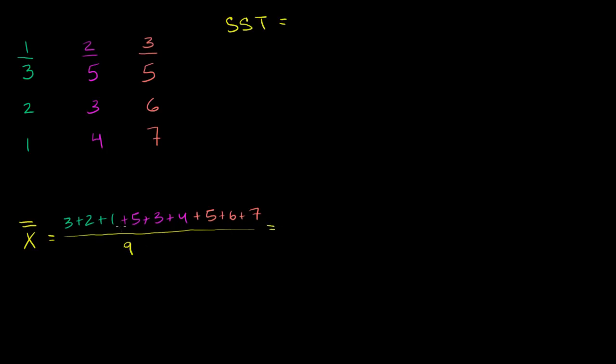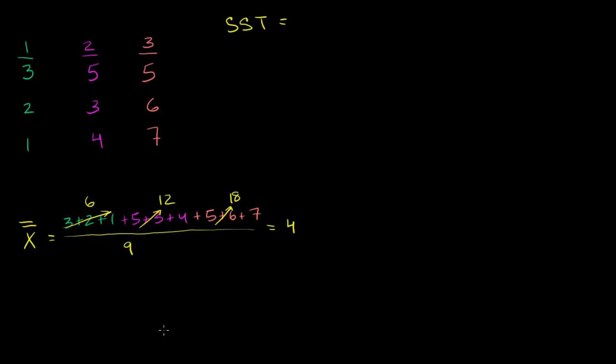And what is this going to be equal to? 3 plus 2 plus 1 is 6. 5 plus 3 plus 4 is 12. And then 5 plus 6 plus 7 is 18. And then 6 plus 12 is 18, plus another 18 is 36. Divided by 9 is equal to 4.